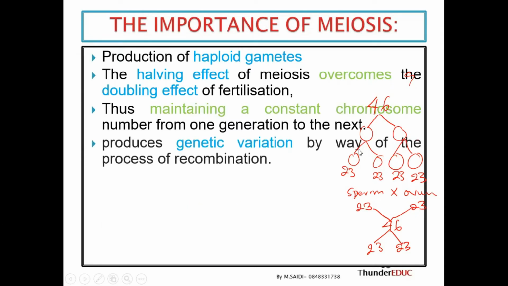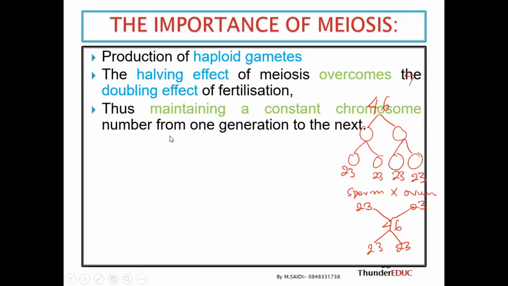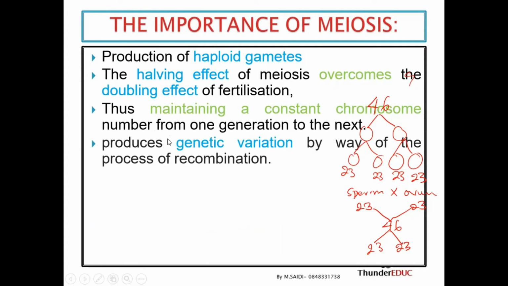Now number 2, another thing is that meiosis produces genetic variation. Remember in prophase 1, you have a process called crossing over. This crossing over helps in the exchange of genetic material.